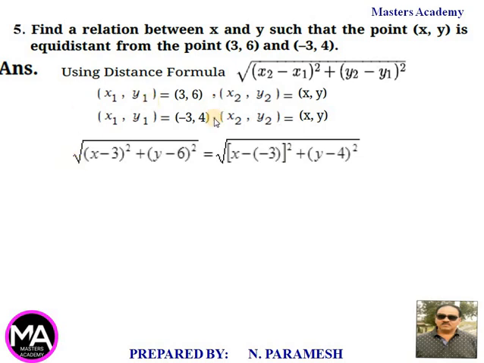Substituting the value, root of (x - 3) the whole square plus (y - 6) the whole square is equal to root of (x - (-3)) the whole square plus (y - 4) the whole square.